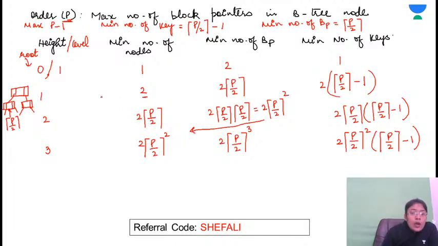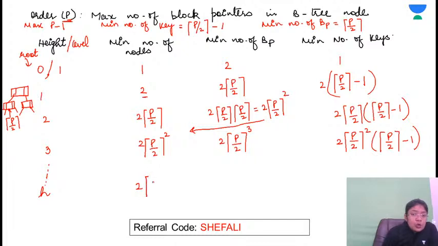Okay. So have you observed some pattern? If the height is 1, then it's p by 2 raised to power 0. If height is 2, then it is p by 2 raised to power 1. If height is 3, then p by 2 raised to power 2. If the height is h, then what will this be? 3 then power is 2, 2 then power is 1, 1 then power is 0.